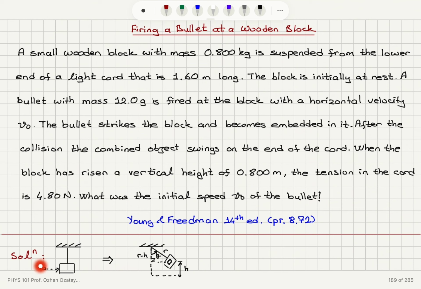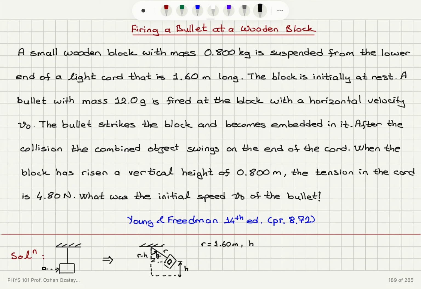So here is the bullet coming with an initial horizontal velocity v0, hitting the wooden block, and getting embedded in it. The combined object moves up to a vertical distance h with respect to the bottom, making an angle theta with the horizontal. From this geometry, the length of the cord r is 1.6 meters.